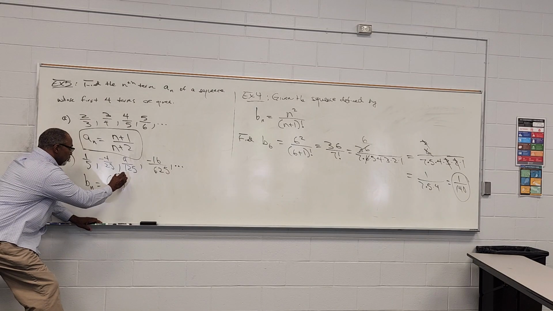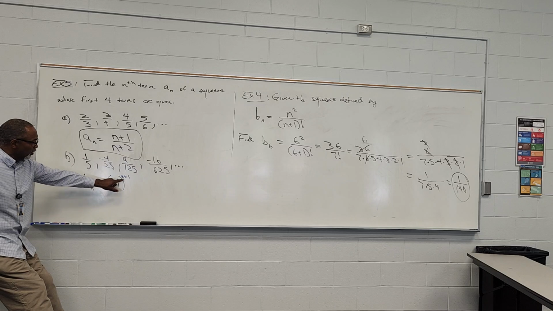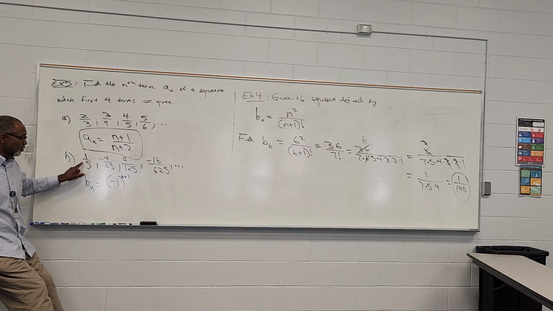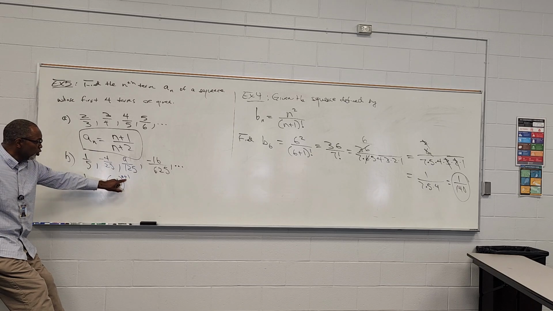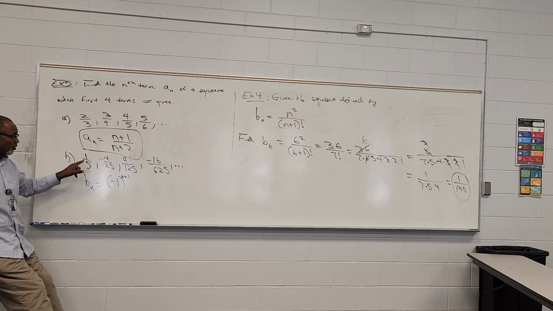So I'm going to write n plus 1. Check it: when n is 1, negative 1 to the 1 plus 1 means negative 1 squared, which is positive. When n is 2, 2 plus 1 makes 3, and negative 1 to the 3rd power is negative. So this takes care of the alternating part: positive, 2nd term negative, 3rd term positive, 4th term negative, etc.